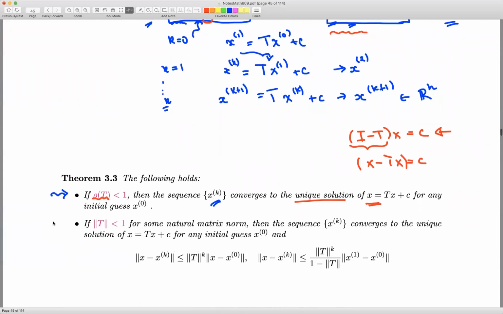And we also discussed a second statement that was in some way not as strong as the first statement.